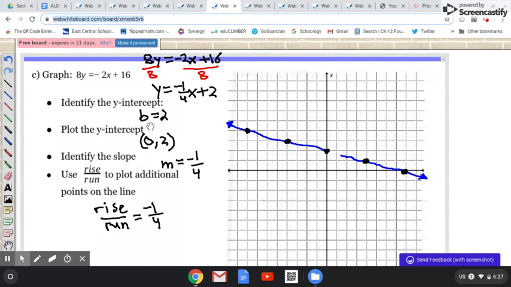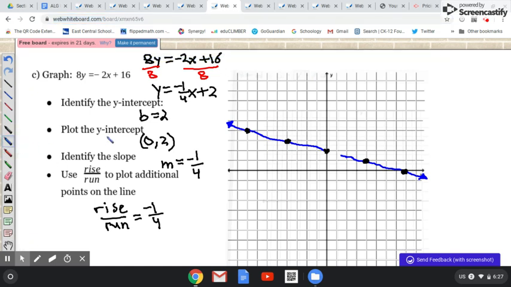Our b value, the y-intercept, was 2, so that was the point 0, 2. Our slope, m equals negative 1/4. So after putting the y-intercept on the graph, we can go down 1 and over 4, down 1 over 4 to find points on our line. And that's what it should look like for part C.